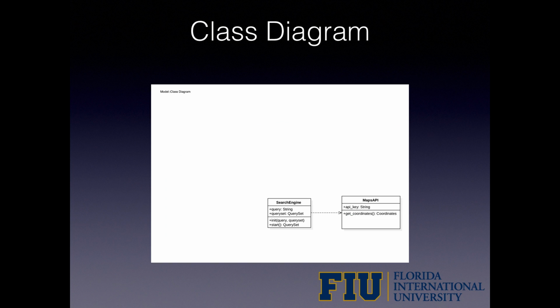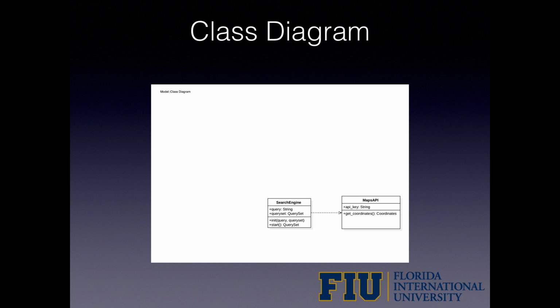Here's the class diagram. There are only 2 classes in my implementation, but a lot of functions. I like small classes. So the search engine's attributes, or the class data, are going to be a query, which is a string, and a query set, which is basically all the properties in BreazeHome.